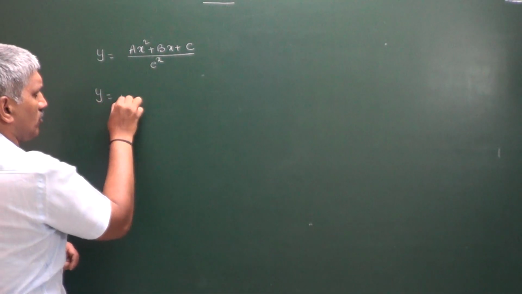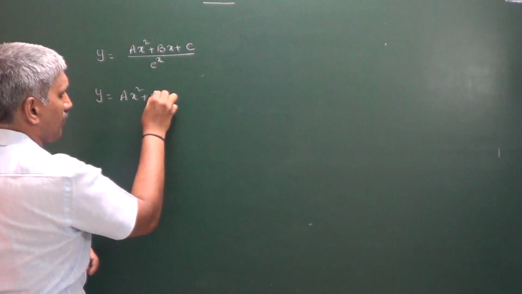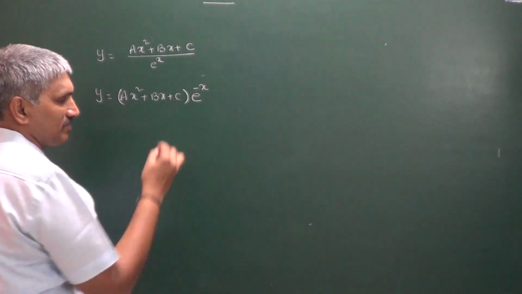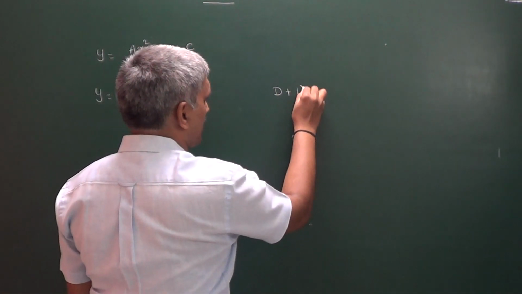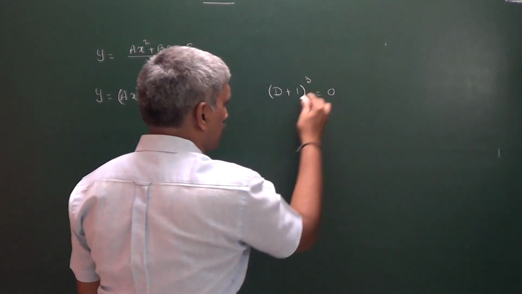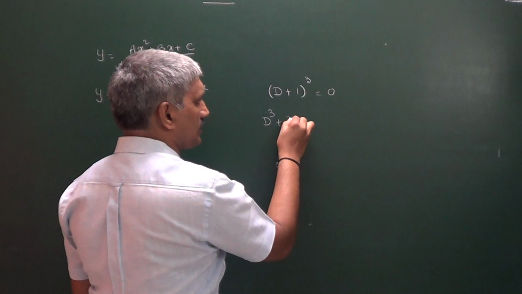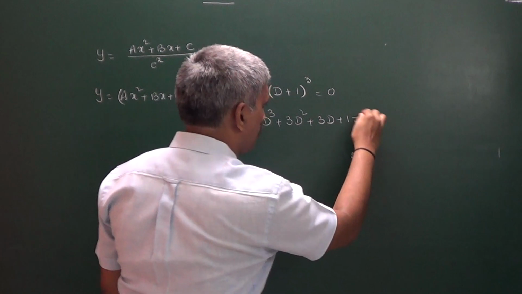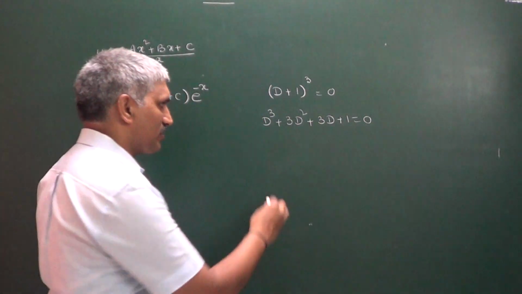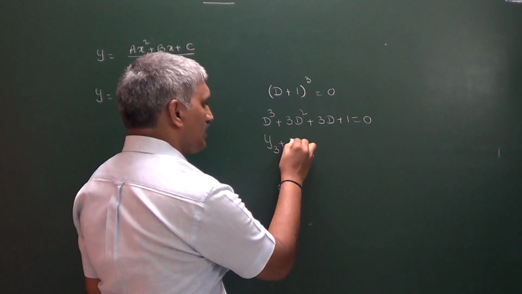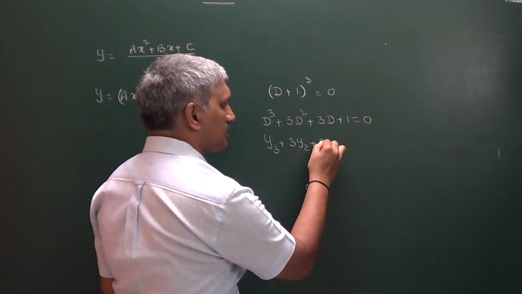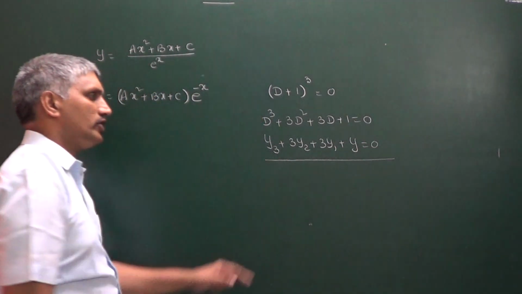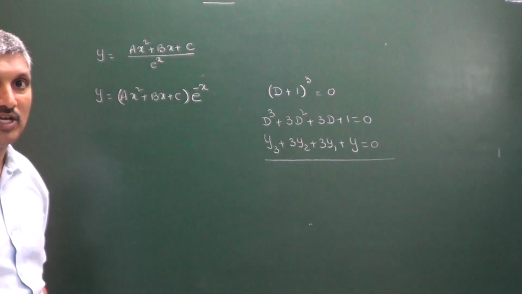So we can write y = (ax² + bx + c) e^(-x). That is why we can write the equation as (D + 1)³ = 0, which is D³ + 3D² + 3D + 1 = 0. Now we can write the differential equation as y3 + 3y2 + 3y1 + y = 0. This is the differential equation for this family of curves.